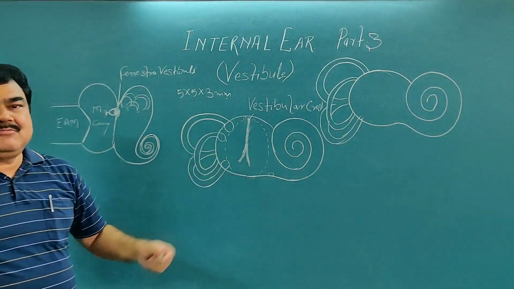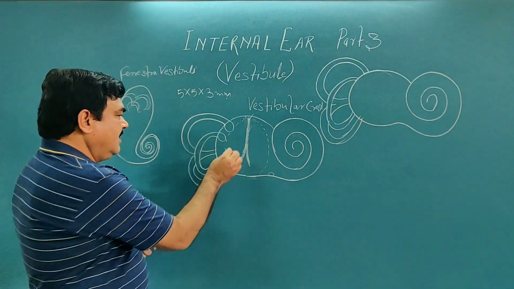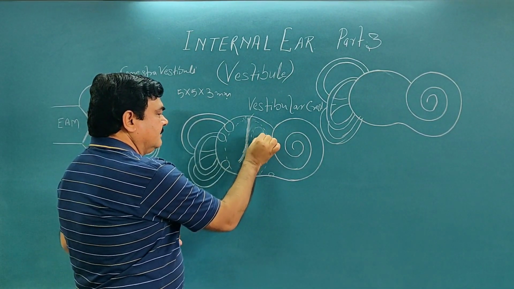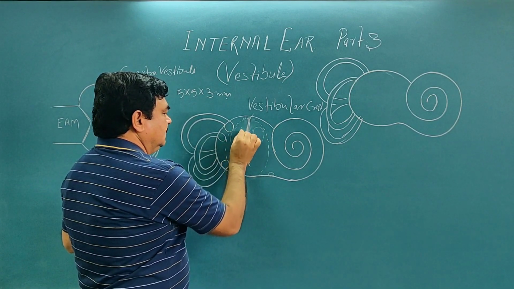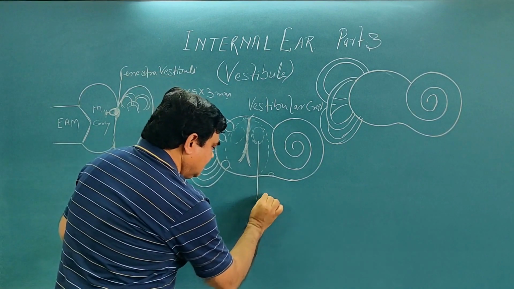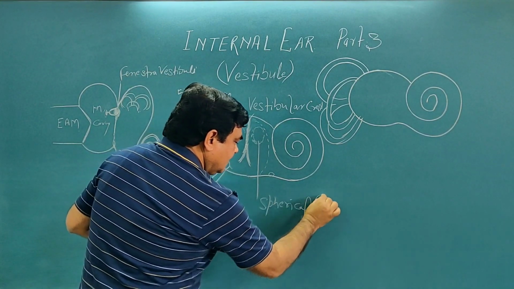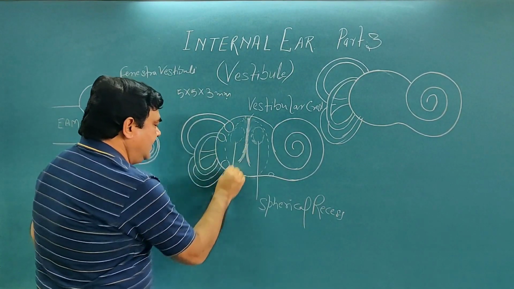By this vestibular crest, it is divided into two recesses. This recess is the spherical recess, and this is the elliptical recess.